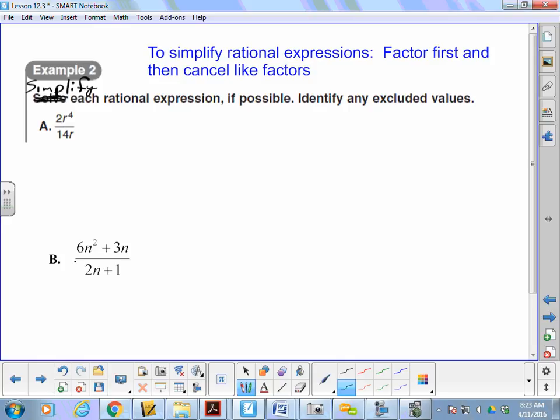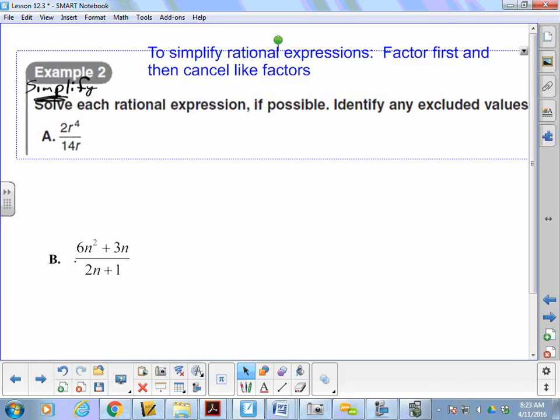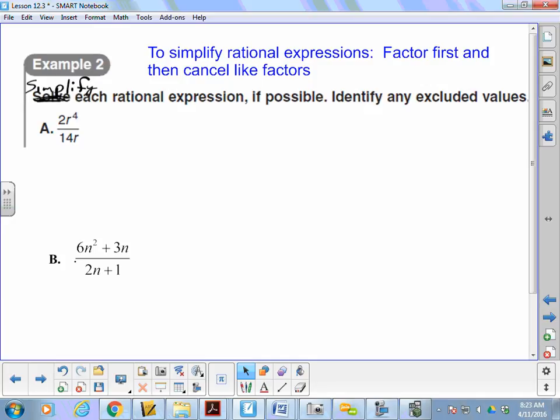So here we have 2r to the 4th over 14r. So this is just a monomial over a monomial, so we're just going to simplify that fraction. There's 2 going into 14, 7 times.